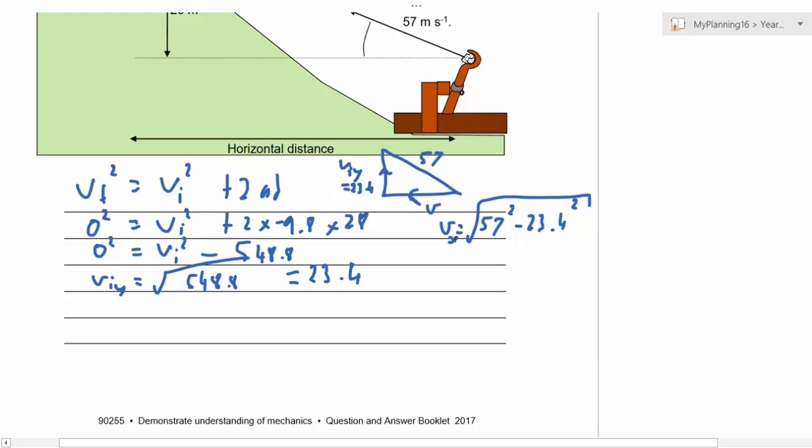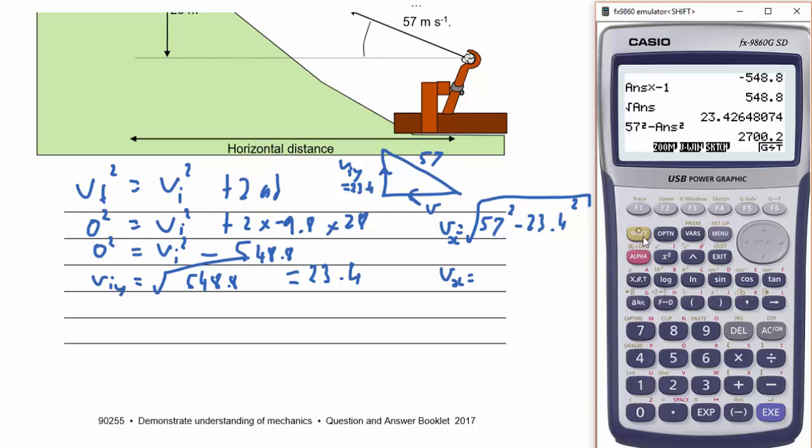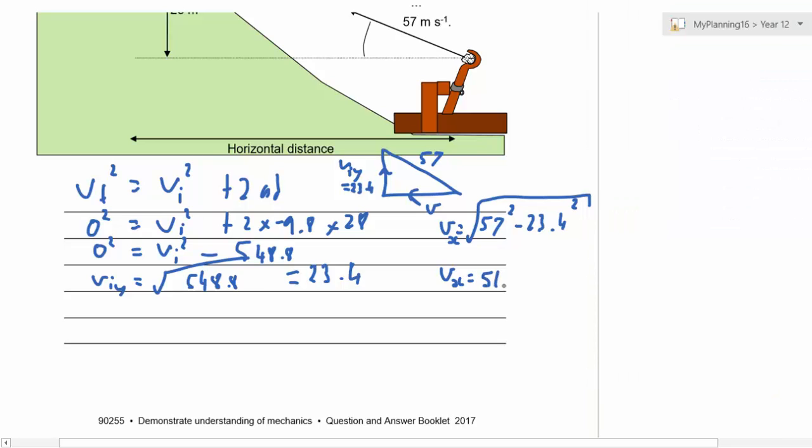If we do that again, if we go 57 squared, take away shift answer squared, and then we square root that answer, I get 51.96 meters per second. That is going really, really fast.